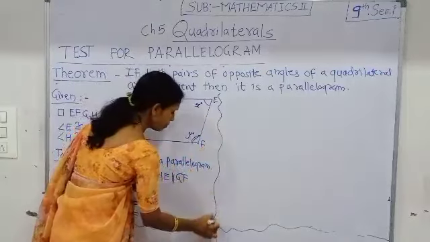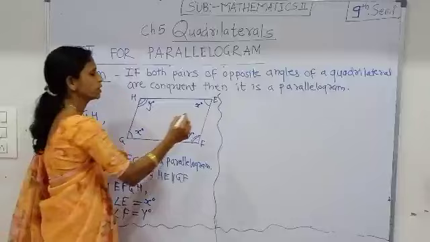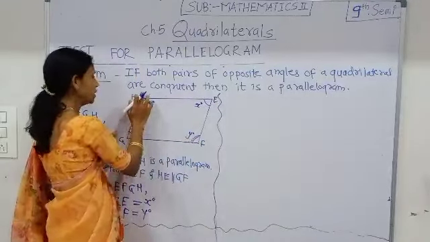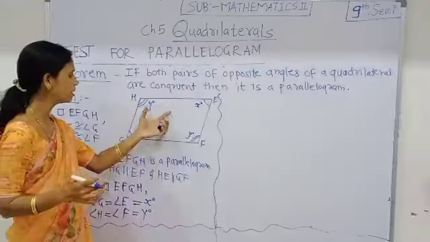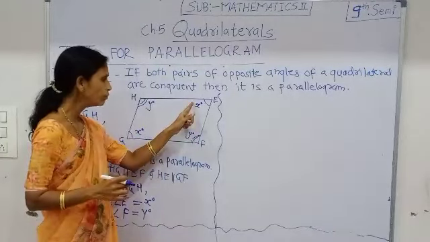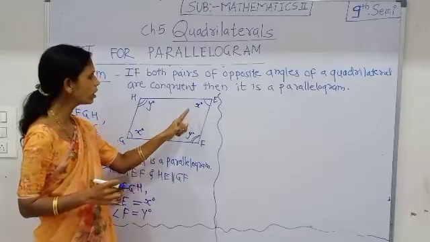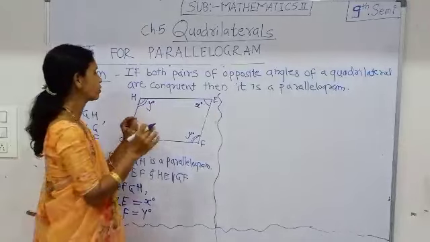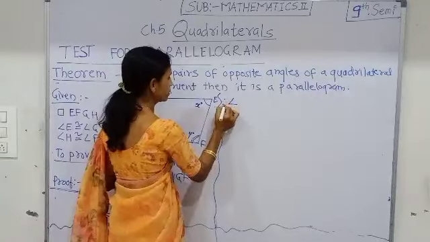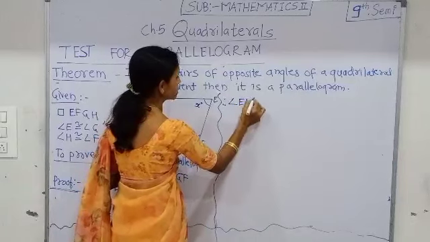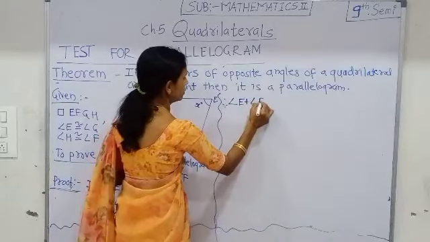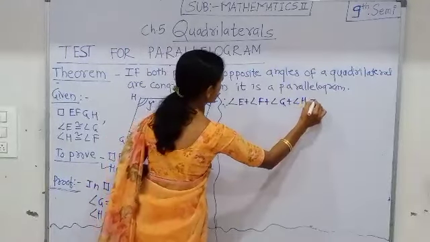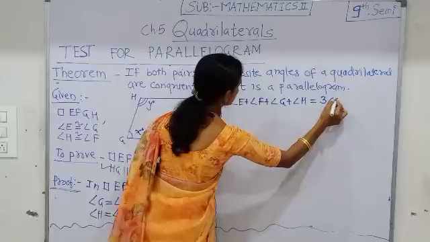Therefore, from the given condition, in quadrilateral EFGH, the property of a quadrilateral is that the sum of the measures of all the angles is 360 degrees. Therefore angle E plus angle F plus angle G plus angle H is equal to 360 degrees.